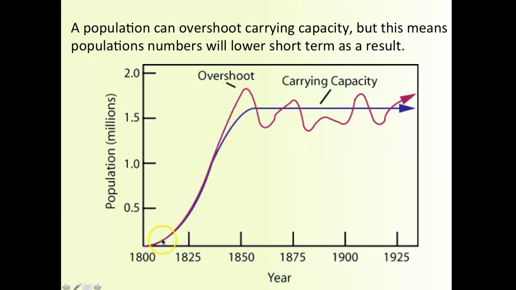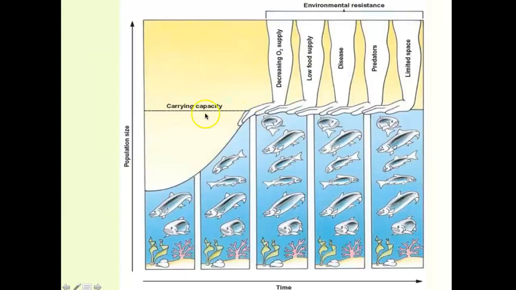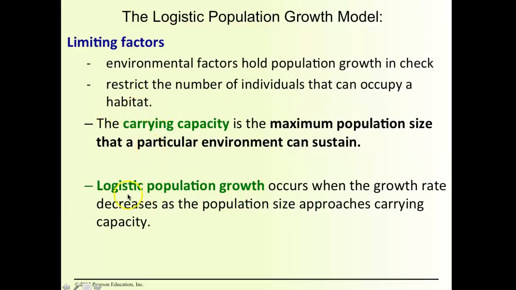We have an exponential curve, and then it starts to level off. Actually, I'm looking at the dark purple one now. This upward projection is exponential, but then as it curves the other way, this is logistic. So this is the logistic population growth.